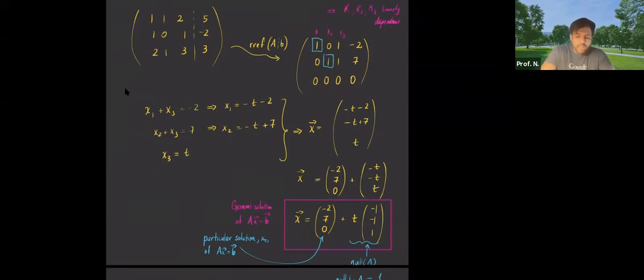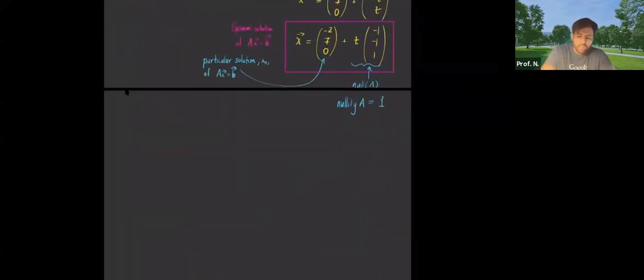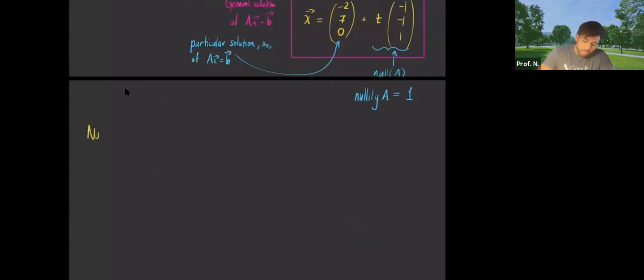This tells us a lot. So just a note here. The row reduced echelon form of a matrix tells us which row or column vectors are linearly independent.